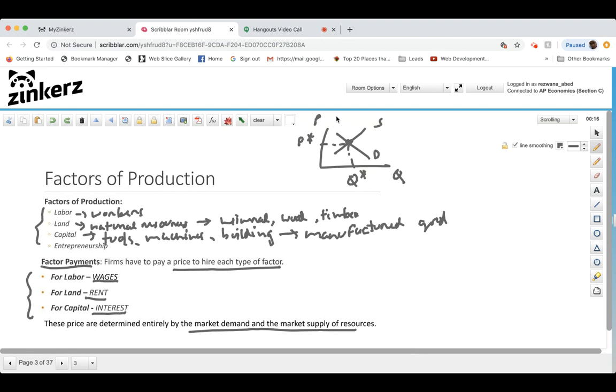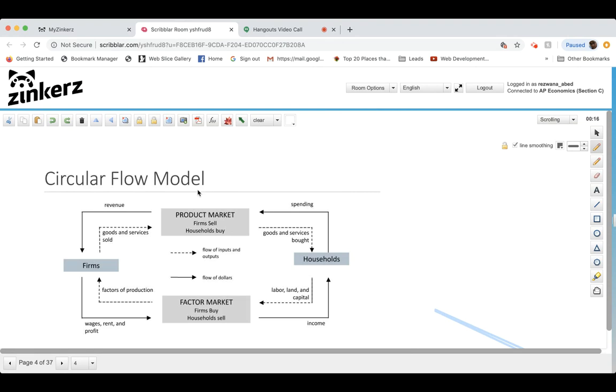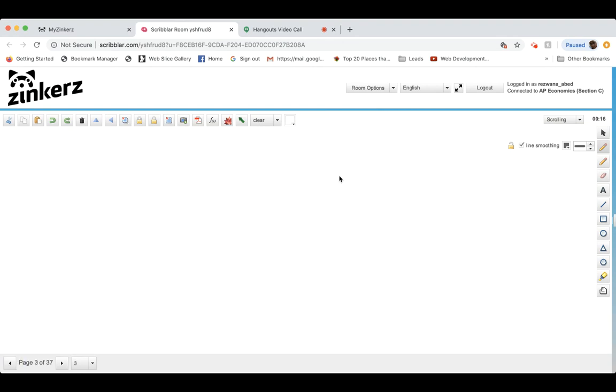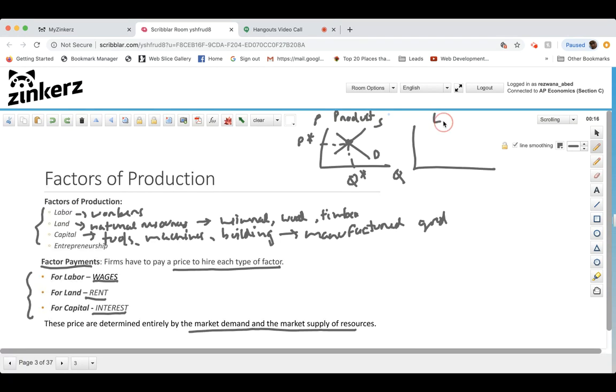Much the same way as in the product market. What we will see is it looks mostly similar, but a little bit different. This is the labor market, so we'll come back to this graph.